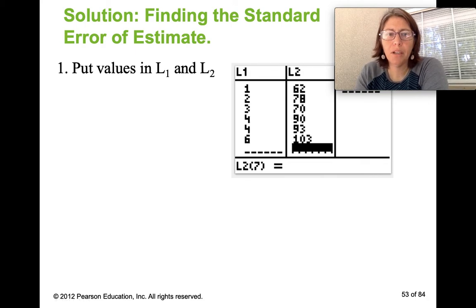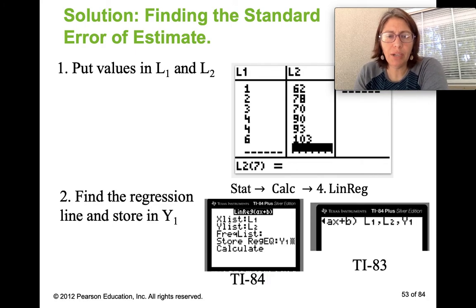The second thing we're going to do is find the regression equation, and we're going to store it in y1. To do that, everybody's going to go to stat, everybody's going to go to calculate, and everybody's going to choose LinReg.